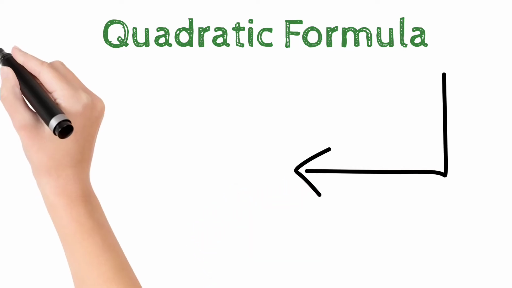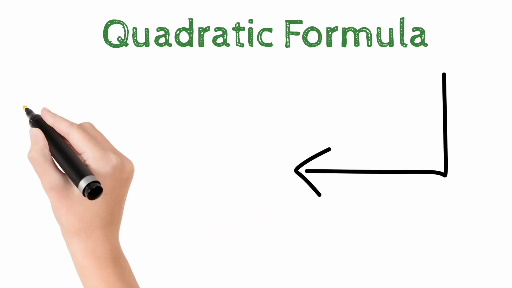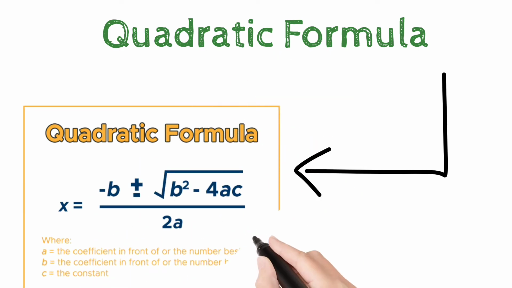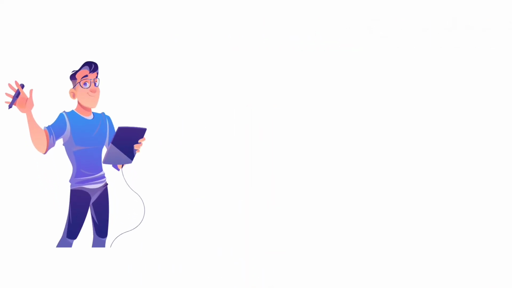Basically the quadratic formula is a formula in which we substitute our values to find out the answer. The quadratic formula is minus b plus minus under root b square minus 4ac upon 2a. Yes, this is our quadratic formula and you need to remember it.